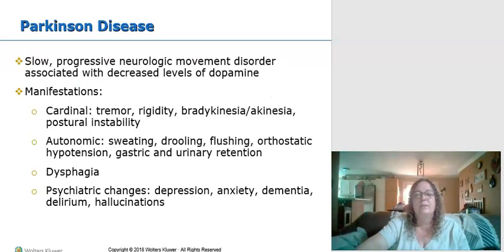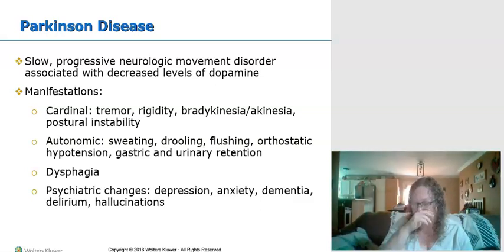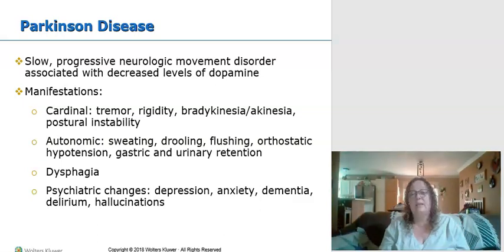Okay, so we're going to talk about Parkinson's. So Parkinson's is a slow, progressive, neurologic movement disorder associated with decreased levels of dopamine. The cardinal signs are tremor, rigidity, bradykinesia, so that kind of slow movement, and postural instability.